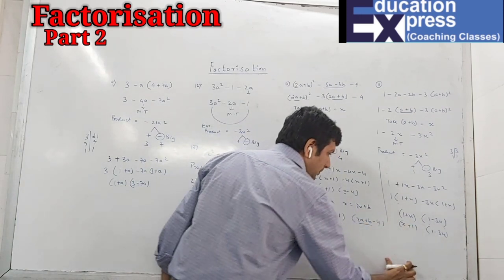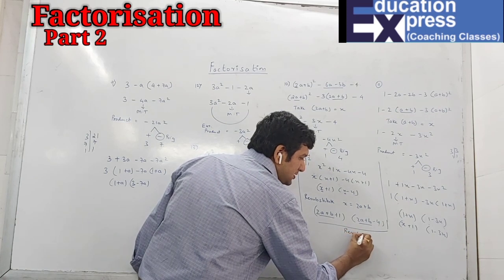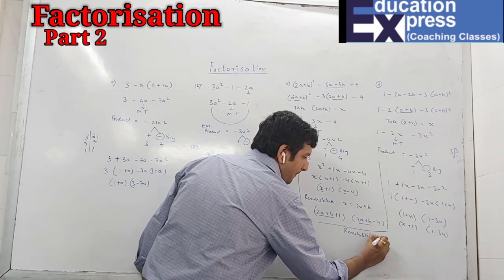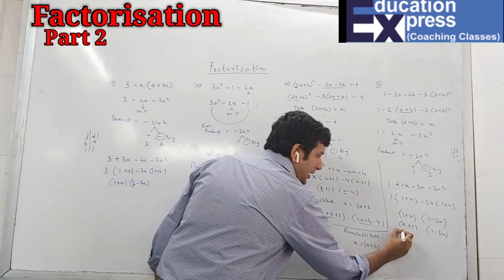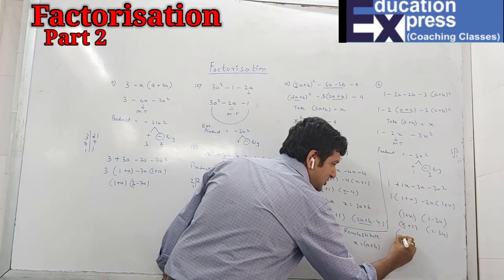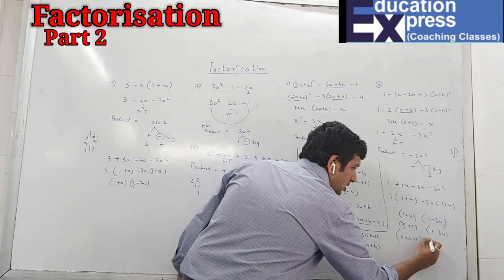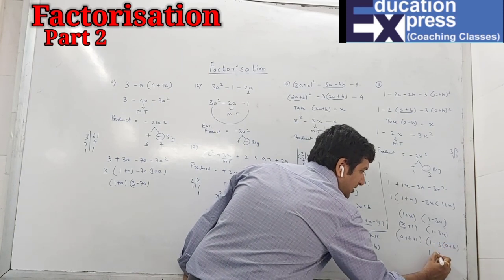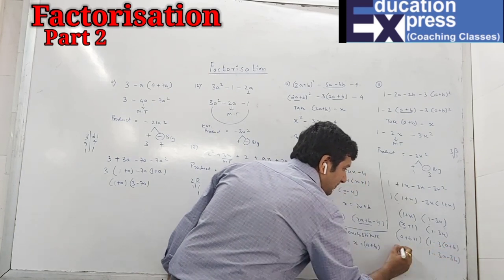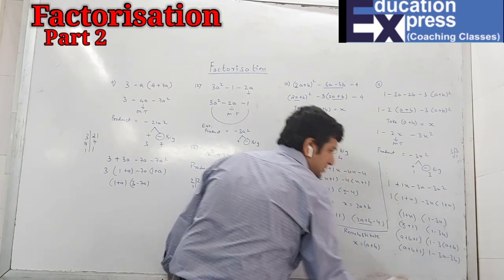Now we will re-substitute x as a plus b, and putting a plus b in place of x, we get the answer as 1 minus 3 into a plus b, 1 minus 3a minus 3b, a plus b plus 1 is the final answer.